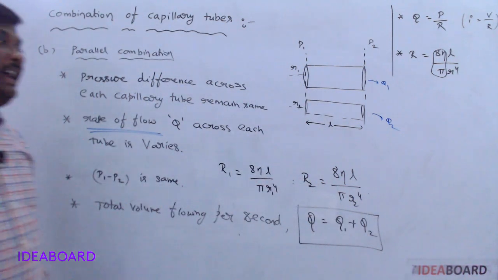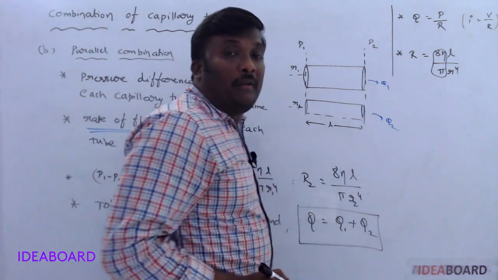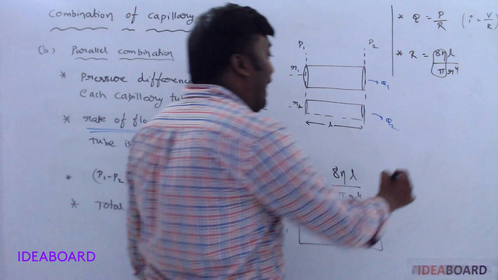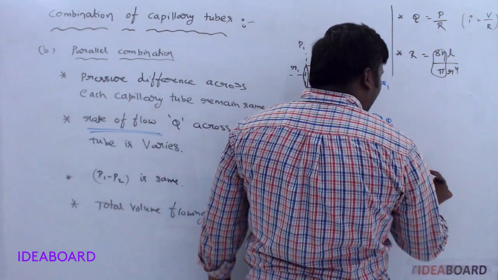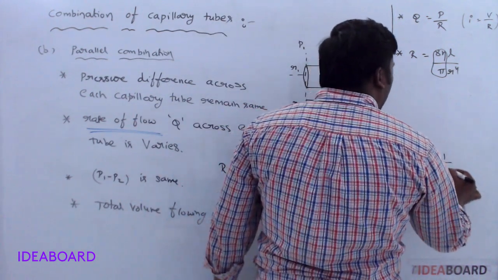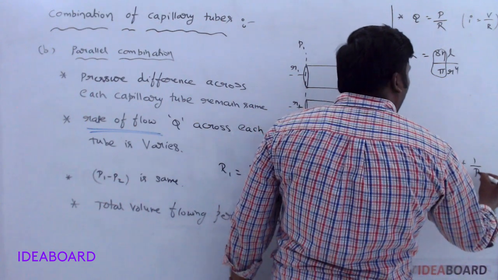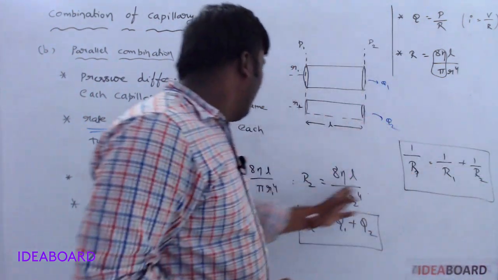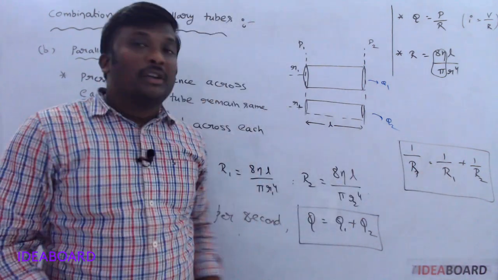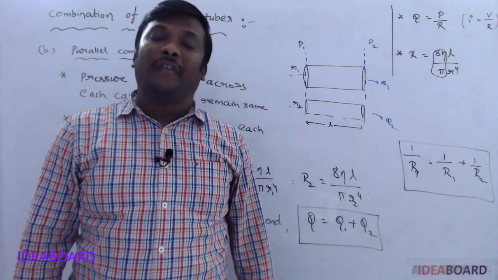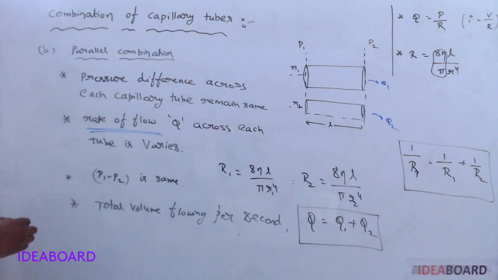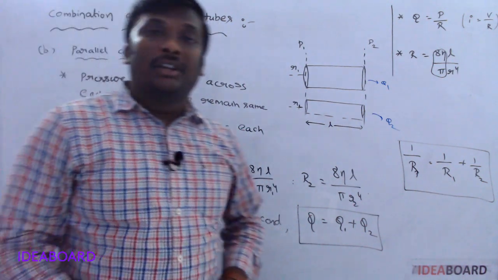And finally, what is the formula for effective resistance in parallel combination? In parallel combination, 1 by Rp is equal to 1 by R1 plus 1 by R2. Here R1 I know and R2 also I know. If you substitute, you can get the effective resistance. Okay, this is about the parallel combination of capillary tubes.